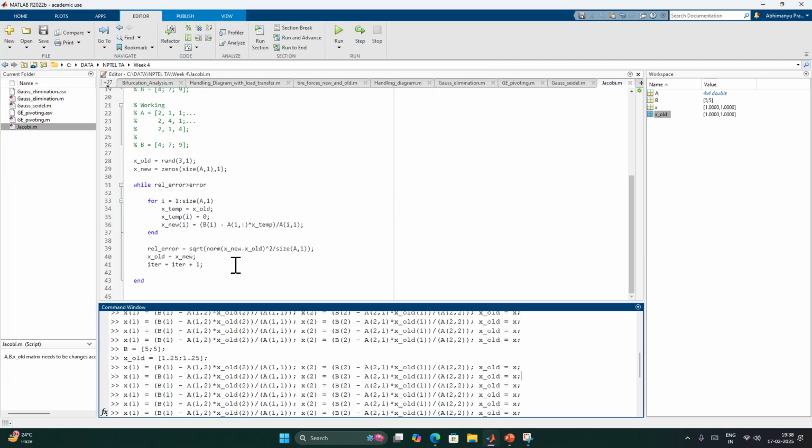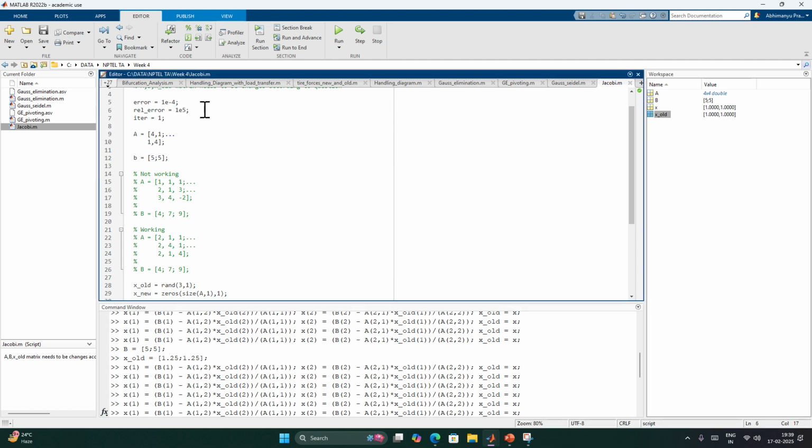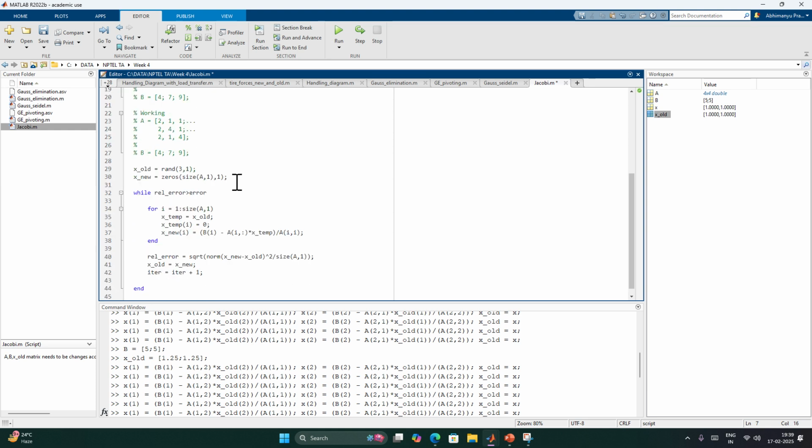In this, I'm only checking one of them, but I can add one more. Okay, let me just add that also. So relative error and residue tolerance. I will add one more over here.